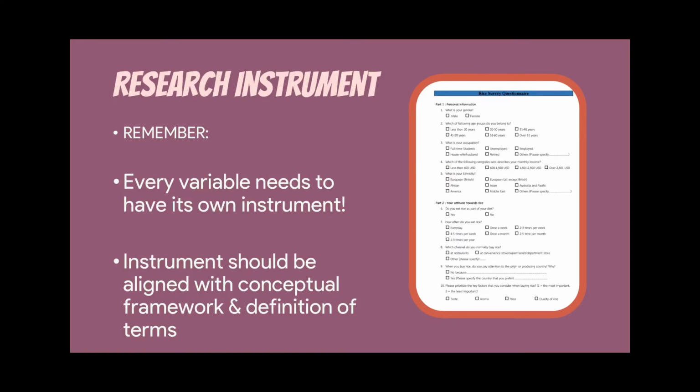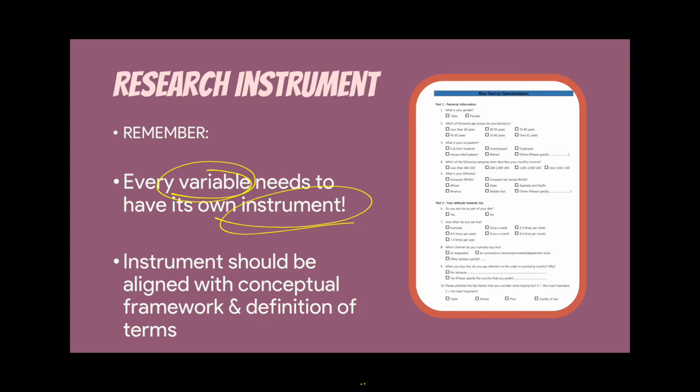And I have explained this earlier over and over again, that each variable has to have its own instrument. So if you go back to your conceptual paradigm and you see that there are 1, 2, 3, 4, 5 variables, there should be 5 parts in your questionnaire, because each variable has to have its own instrument to measure.